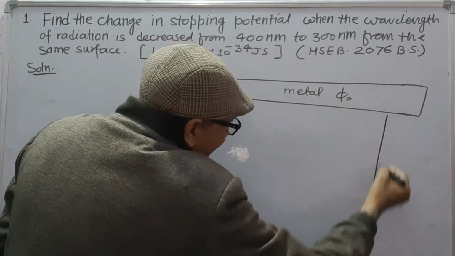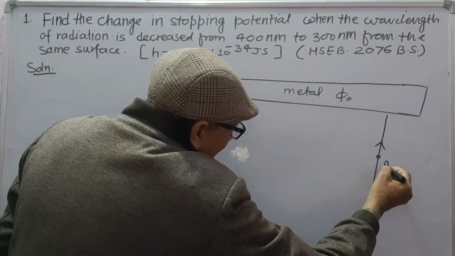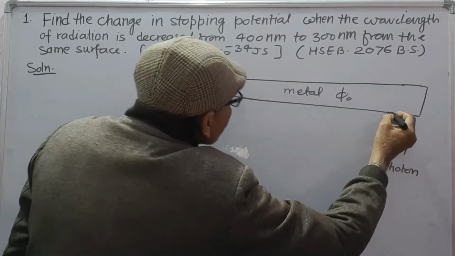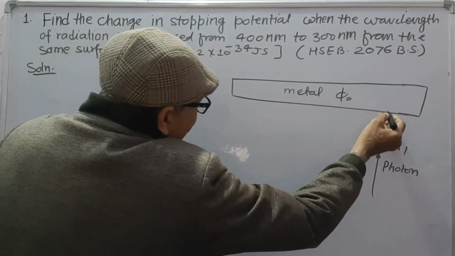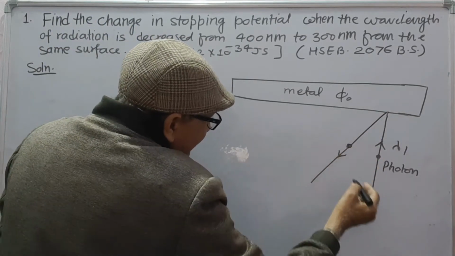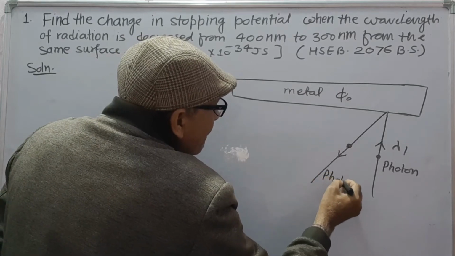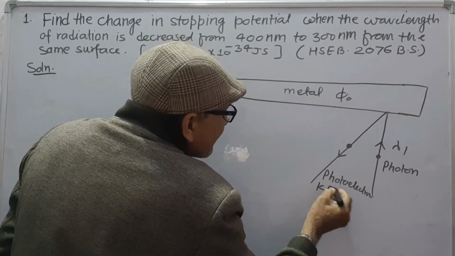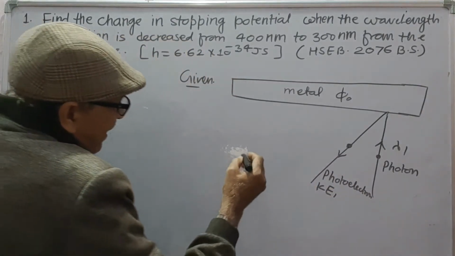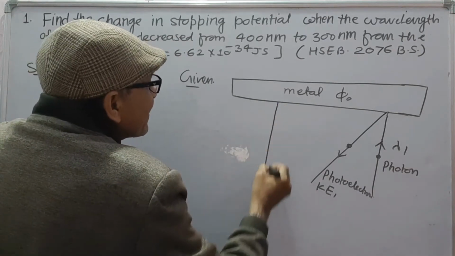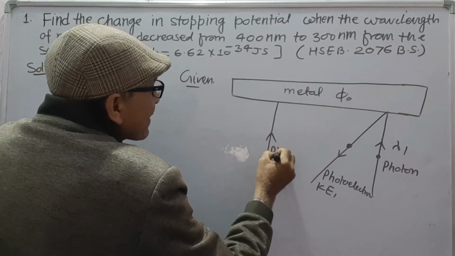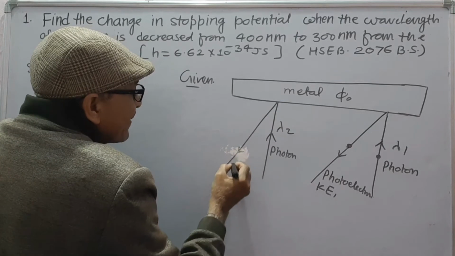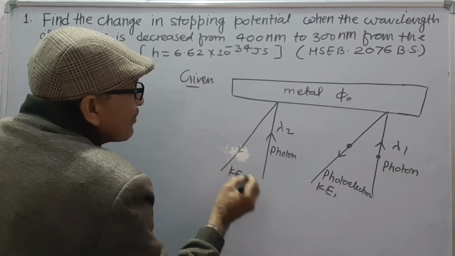In first case, wavelength of incident photon is lambda 1, then kinetic energy of emitted photoelectron will be K1, and when the same surface is illuminated with another photon of wavelength lambda 2, then kinetic energy will be K2 of photoelectron.